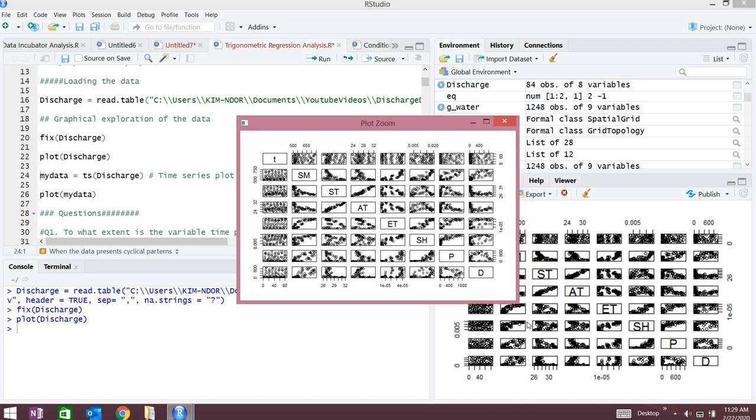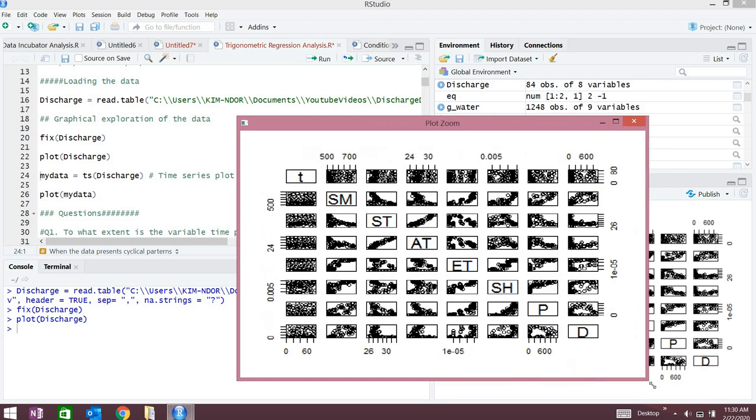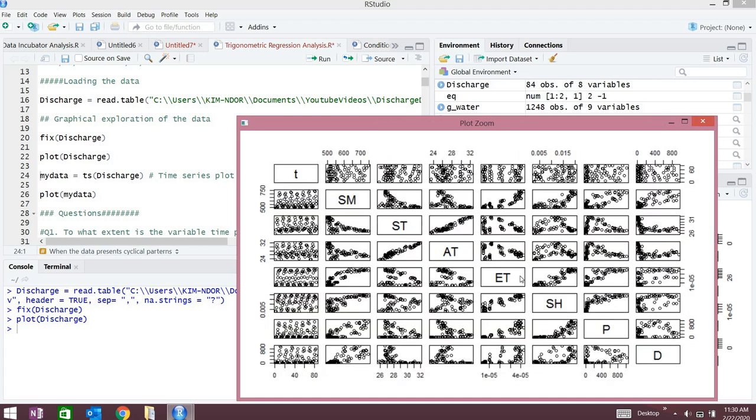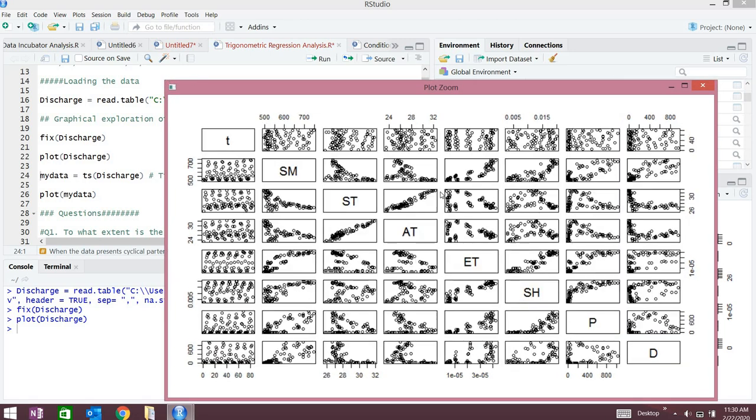So this is a pictorial view. We have our D, which is the target, the river discharge here, and the relationship with P is just about here, not clear in terms of linearity.